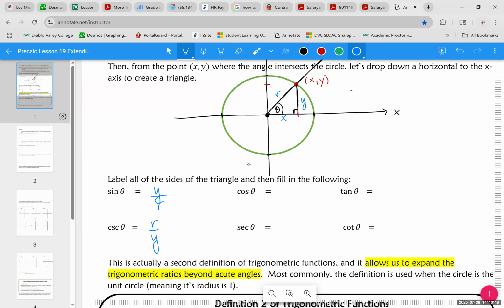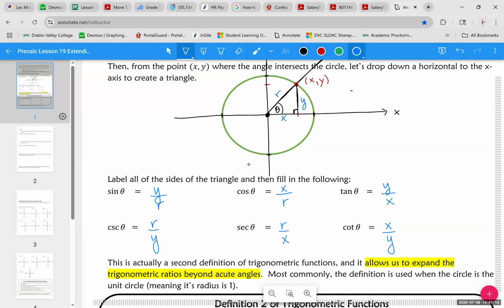The cosine would be adjacent over hypotenuse. So again, we're using theta, adjacent, opposite, and hypotenuse. So flip the cosine for the secant, and tangent would be opposite over adjacent. And flip that for the cotangent.